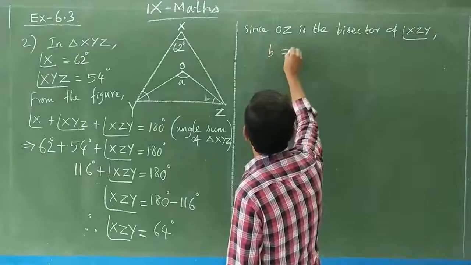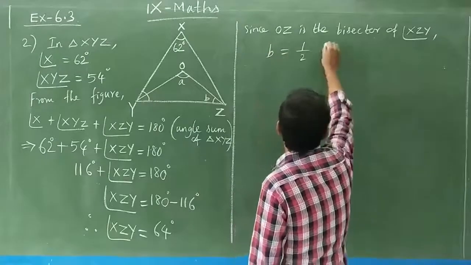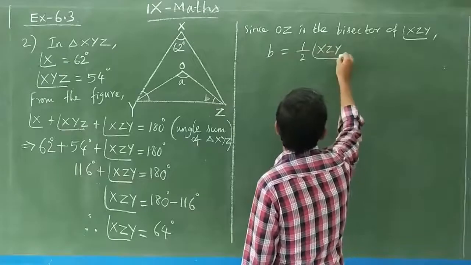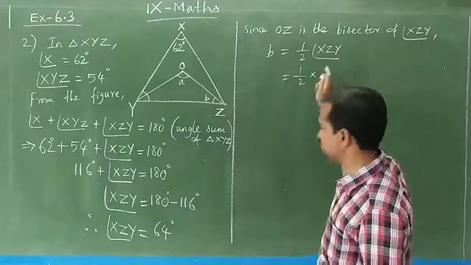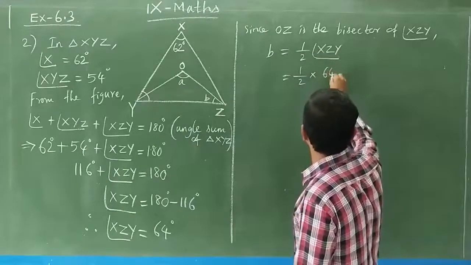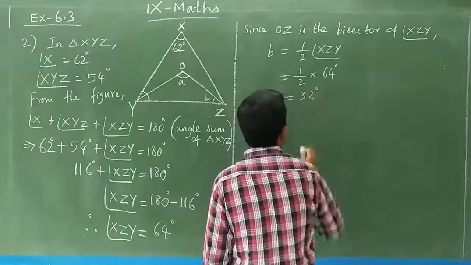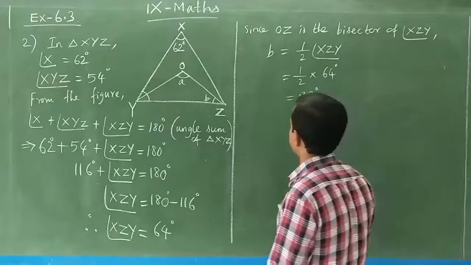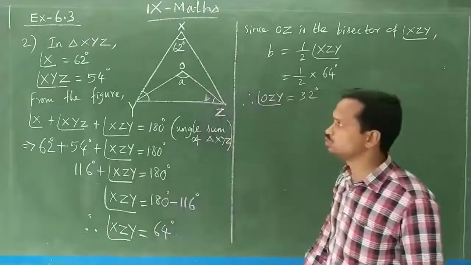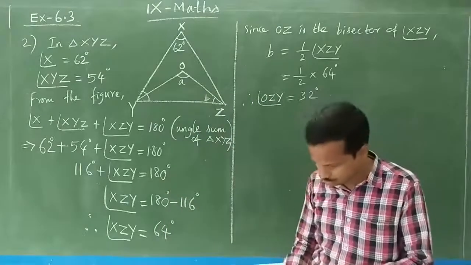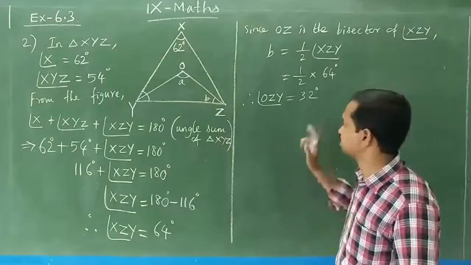So angle B is equal to half of angle XZY. So clear? And that is equal to, what is the measure of XZY? 64. And we get that is 32 degree. So what is B? OZY. Therefore, angle OZY is 32 degree. So that is what we have to find. In the question part it is given, find OZY, angle OZY. So we just found it.